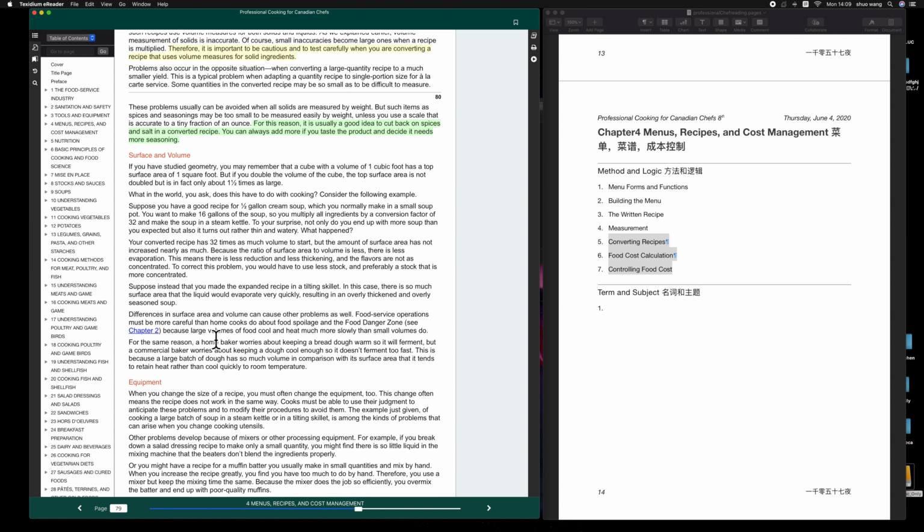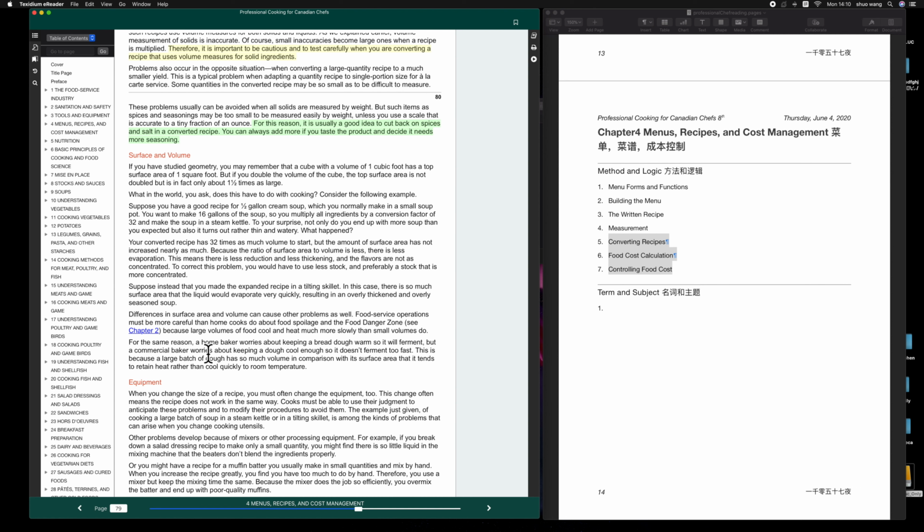Food service operations must be more careful than home cooks about food spoilage and the food danger zone, because large volumes of food cool and heat much more slowly than small volumes do.